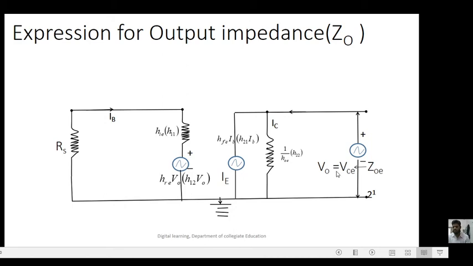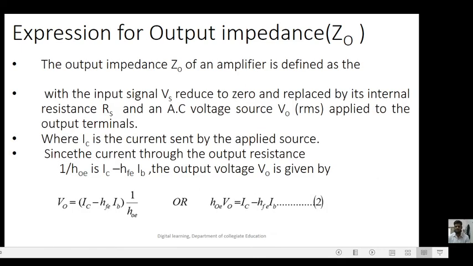V0 is the measurable voltage at the output, across 1 by HOE, or H22. This is the equivalent circuit for measuring output impedance Z0.